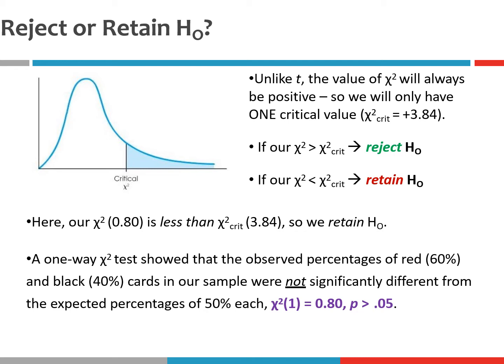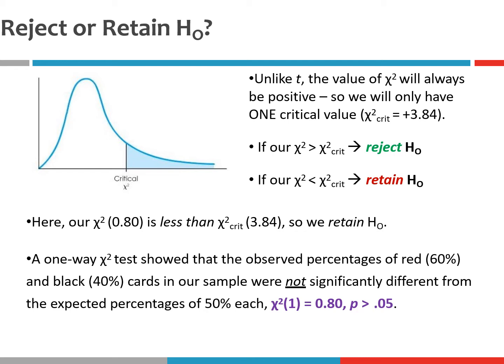Just like we had for the one sample t, if your obtained value is greater than the critical value, then you reject the null hypothesis. So again, if our chi-square value is greater than the critical value, we can reject the null hypothesis. But here, our obtained chi-square value from our sample is 0.80, which is less than our critical value, so we retain the null hypothesis.